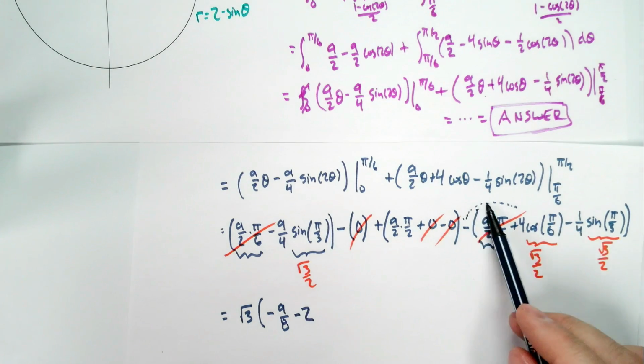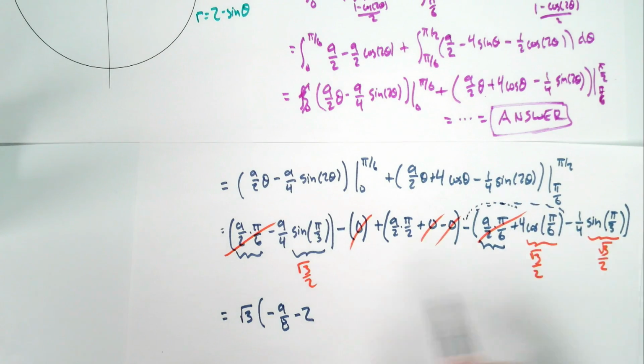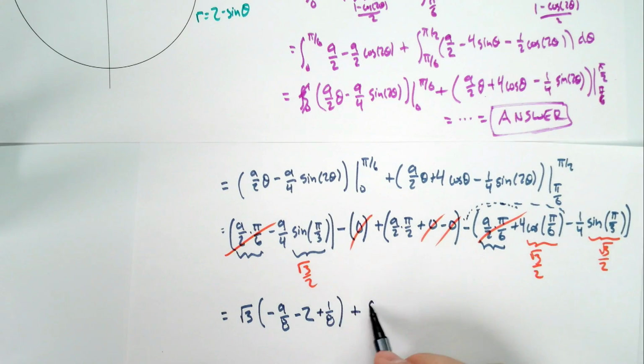And then minus minus makes a plus 1/4 times a half. So that's a plus 1 over 8. And then plus 9/4 pi. Now, minus 9/8 plus 1/8, if you combine those together, that gets us up to a minus 8/8, also known as minus 1.